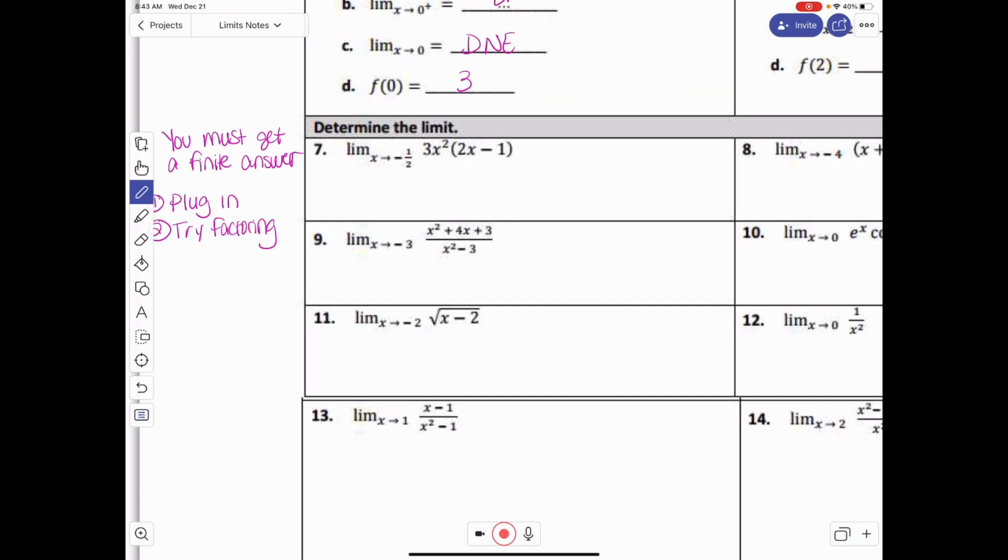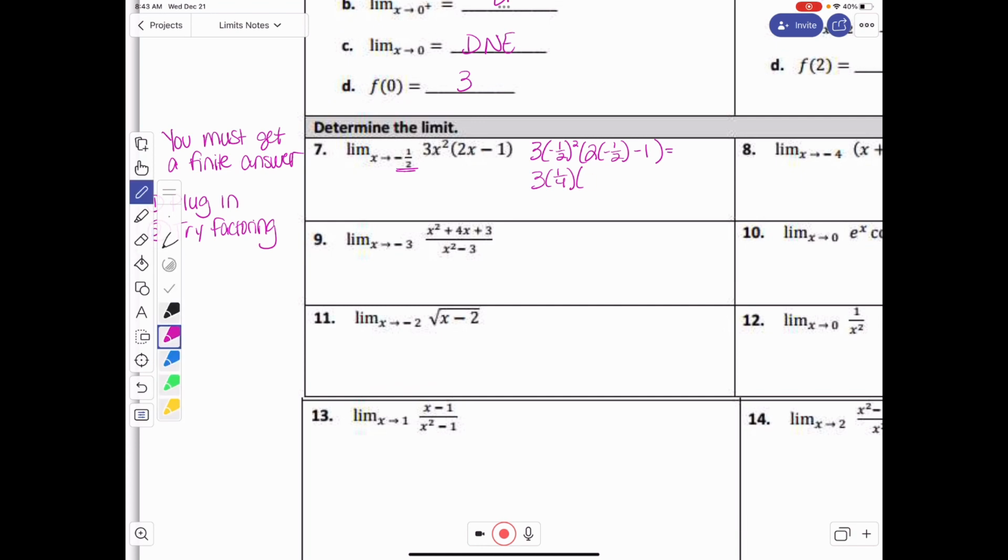So on the first one, what you do is you take what the limit is approaching, and we're just going to plug it in. So we have 3, plug in -1/2, and then that's squared, and then 2 times -1/2 minus 1. And so now we have 3 times 1/4, and then actually let's go ahead and do 2 times 1/2.